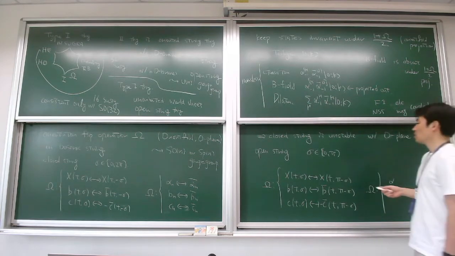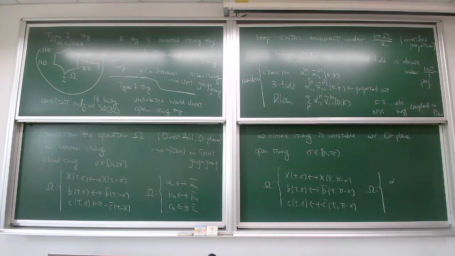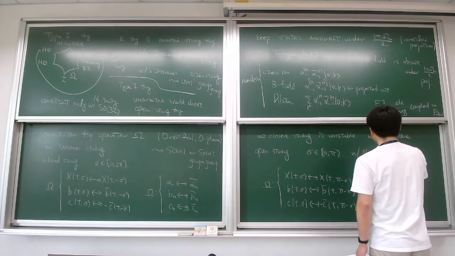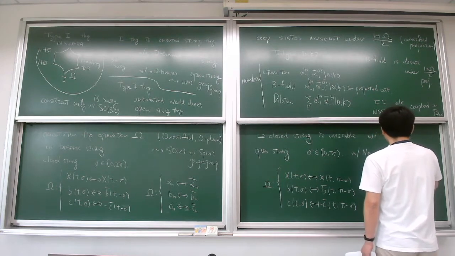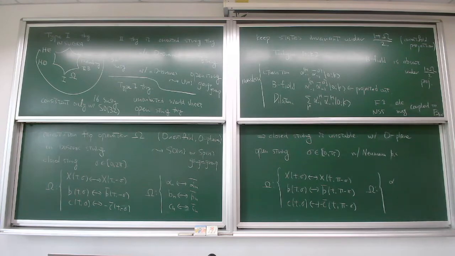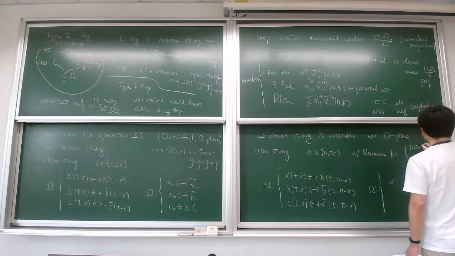So you have to specify the boundary condition, and here we assume open strings with Neumann boundary condition. In other words, we assume there is a so-called D25 brane in the bosonic string, or a D9 brane in the superstring.